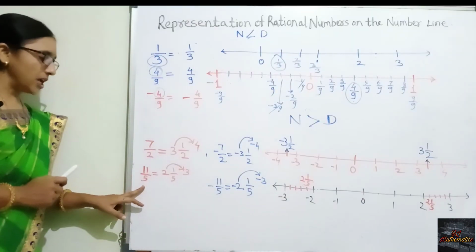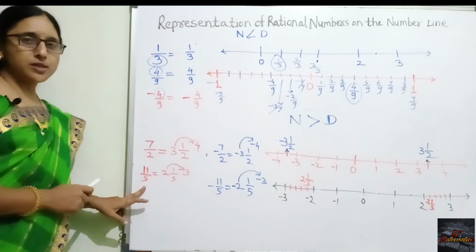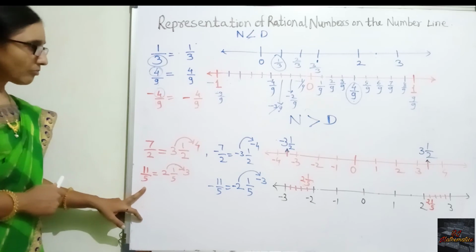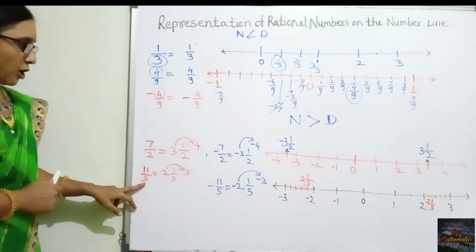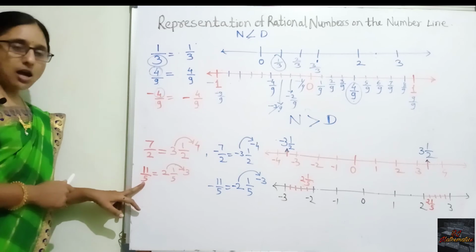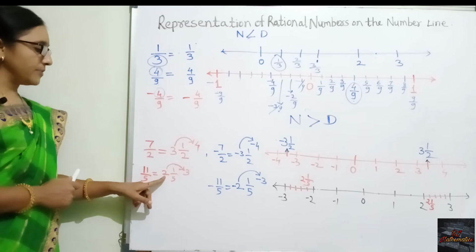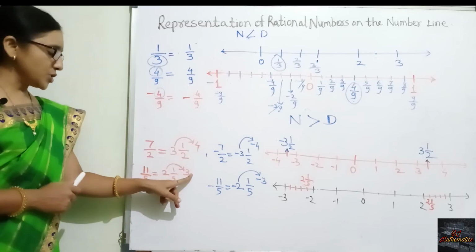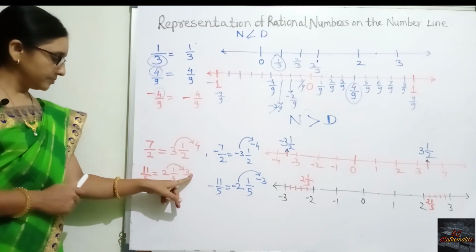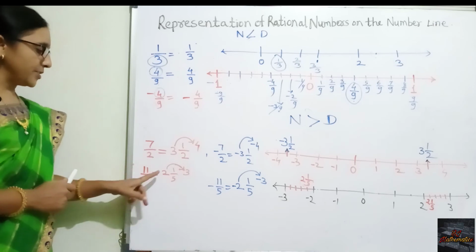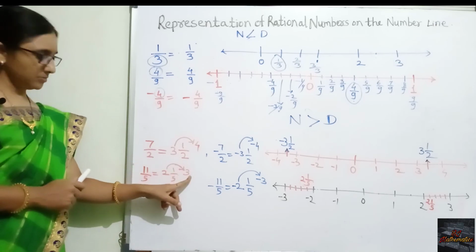Now represent 11 by 5 on the number line. The denominator 5 tells us in how many parts the unit distance between 2 and 3 is to be divided. 11 by 5 lies between 2 and 3.